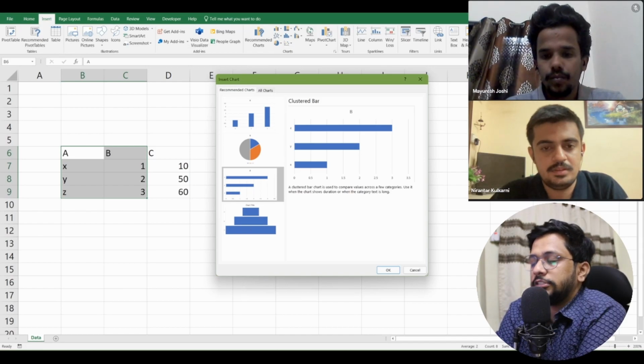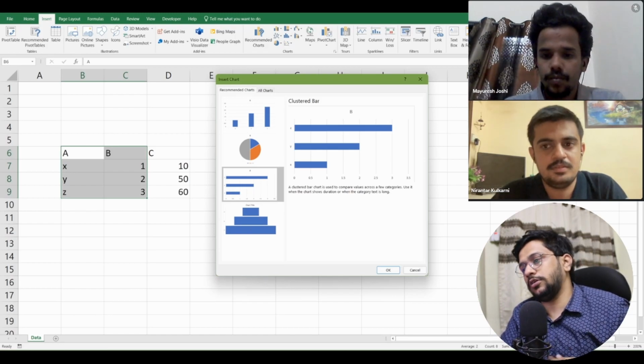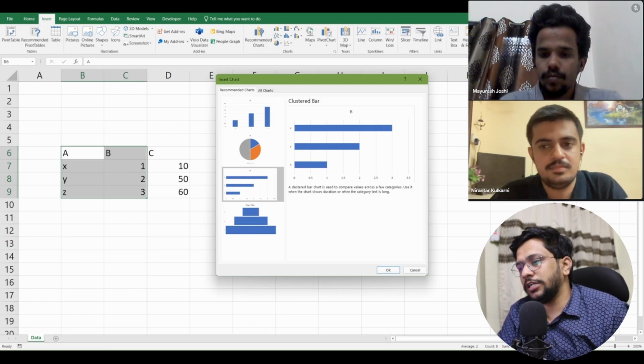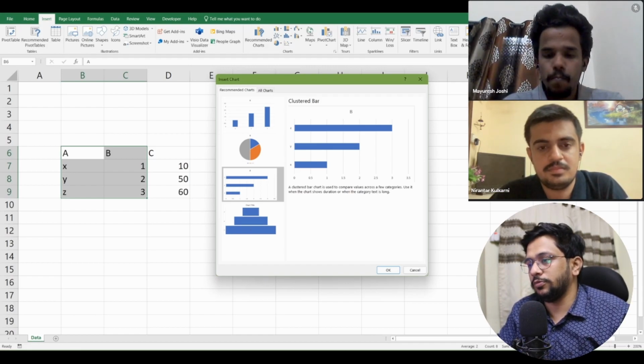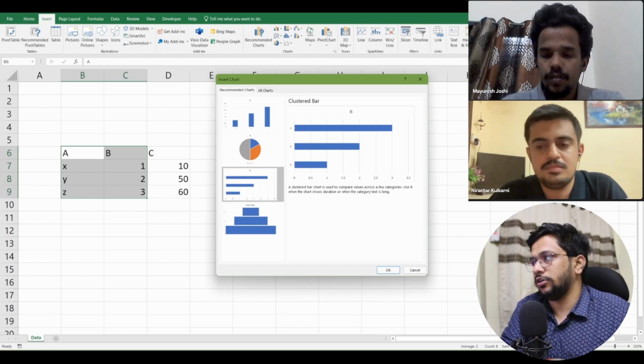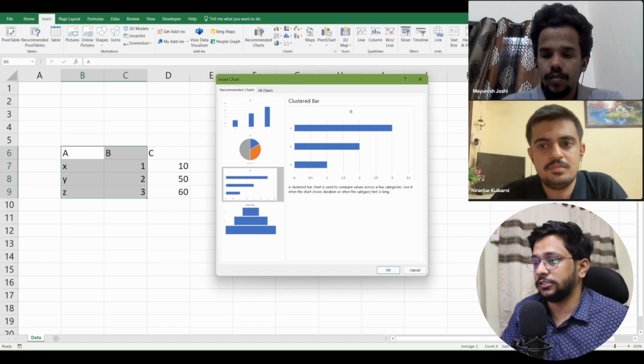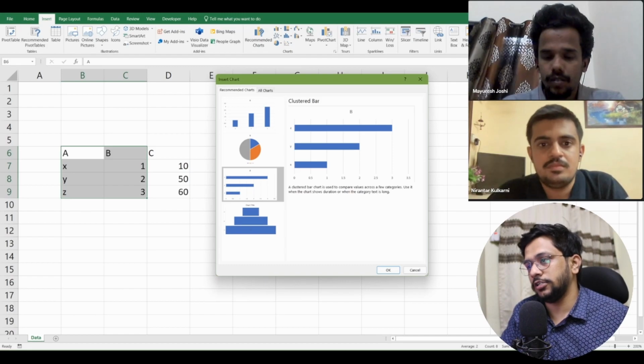Eventually what you guys said is the same thing, right? Even a bar chart will show how much contribution they have. The main distinction is that a pie chart will consist of percentage share, and bar charts are generally used in an absolute sense.